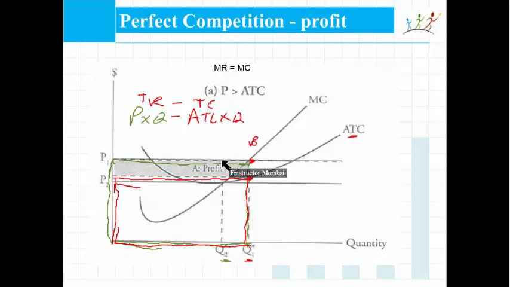So more firms will enter the industry and drive the prices down to P2 such that the supernormal profit does not sustain. In the long run, all firms in perfect competition should make a normal profit, or there will be zero supernormal profit.